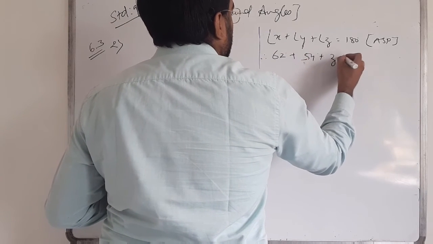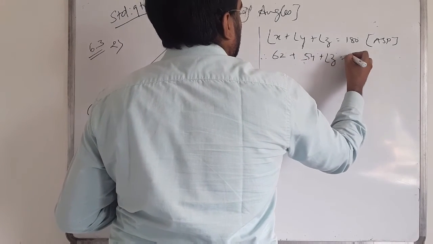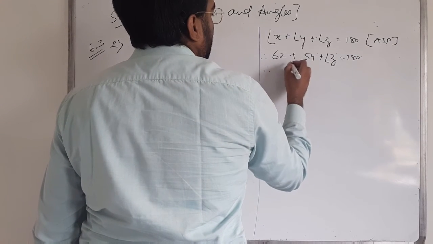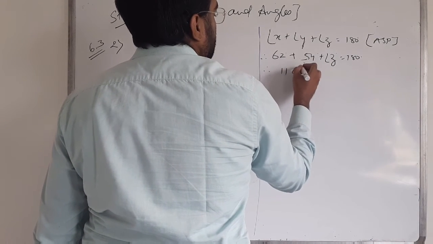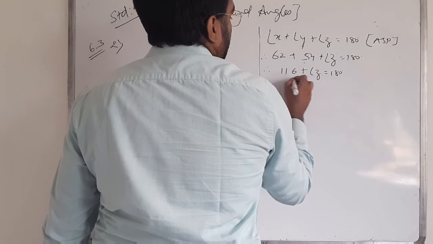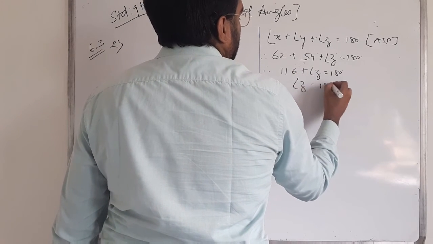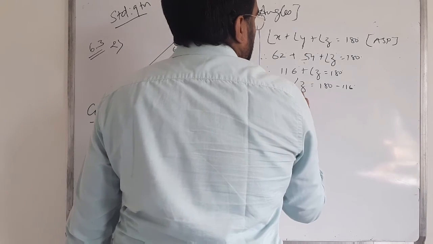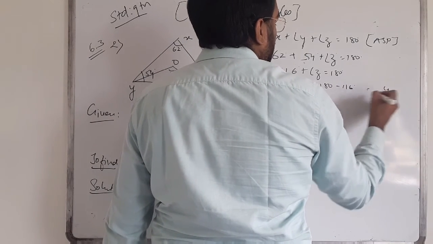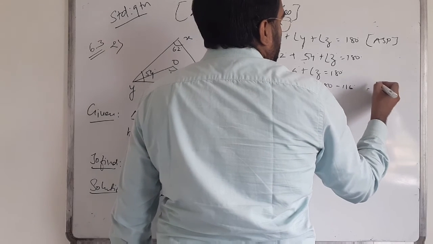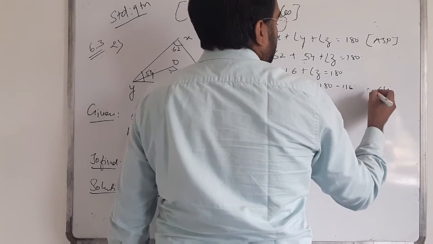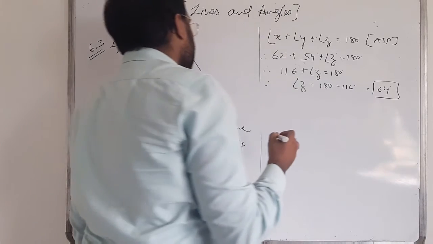We need to find angle Z first. 62 plus 54 is 116, so 116 plus angle Z is equal to 180 degrees. Therefore angle Z equals 180 minus 116, that is 64 degrees.